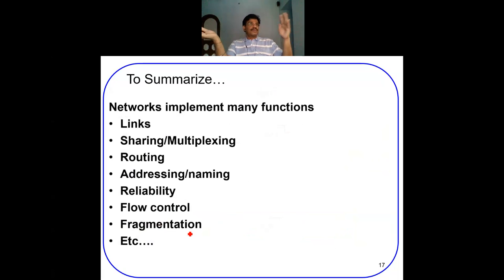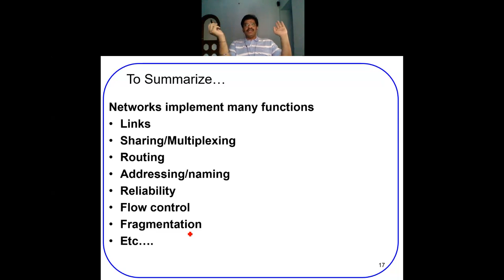So to summarize what we have seen up till now, the functions implemented by the network are the links, then sharing of the links, or sharing of the communication media or various devices, or multiplexing of the data, so that one particular data can be propagated to many devices.